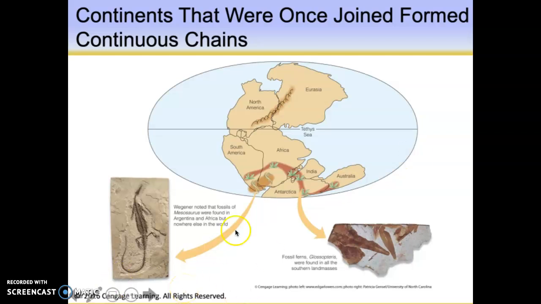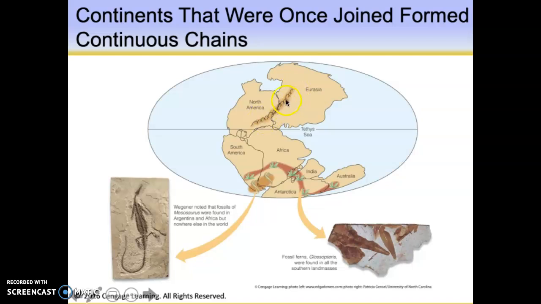Highlighted several things on here. The fossil range of a plant called Glossopteris. There are more plants and animals. You can see a little fossil animal here, Mesosaurus, that goes across the boundary. So when we put things together, we get these fossil ranges crossing over the boundaries.